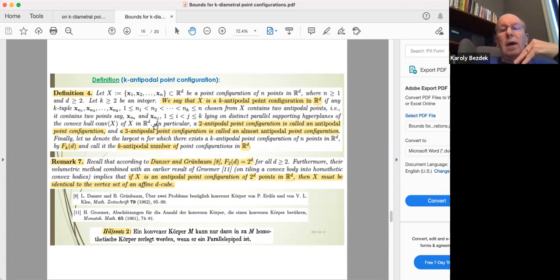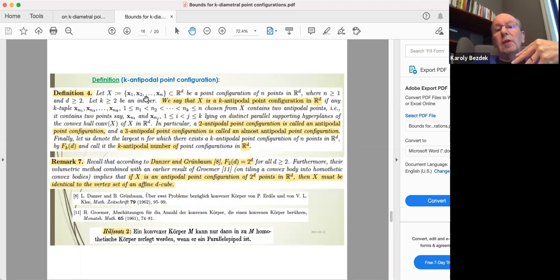In this case, I'm not going to talk about any norm, so I just take R^d. We know how to introduce antipodal point sets in R^d. We discussed that briefly. Here we extend it in this way, and we introduce k-antipodal point configurations in R^d.